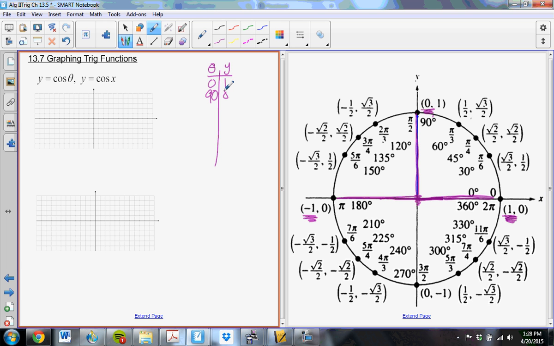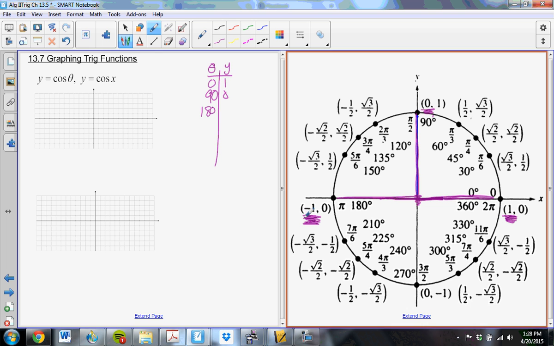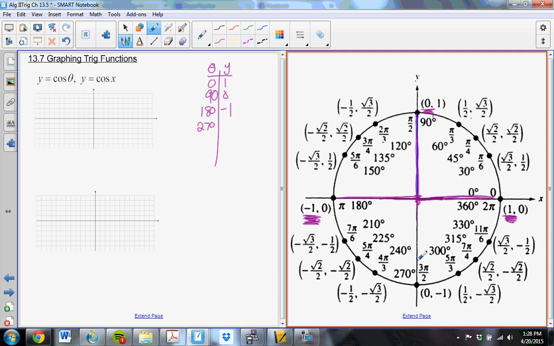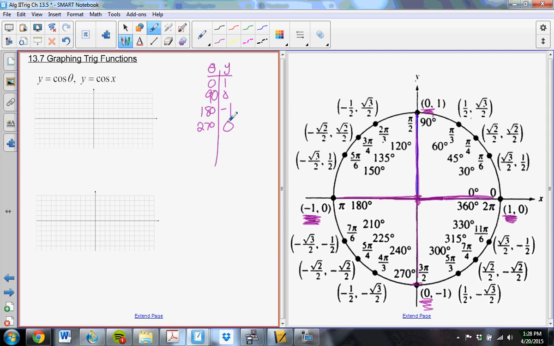The horizontal distance there is 0. I'm just going to count by 90s. At 180, we're at -1. At 270, we're all the way back down to 0. And once we've gone all the way around to 360, we're back at 1.